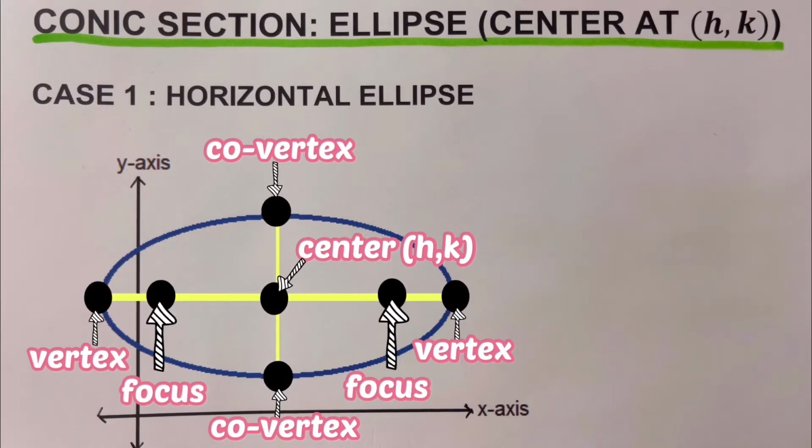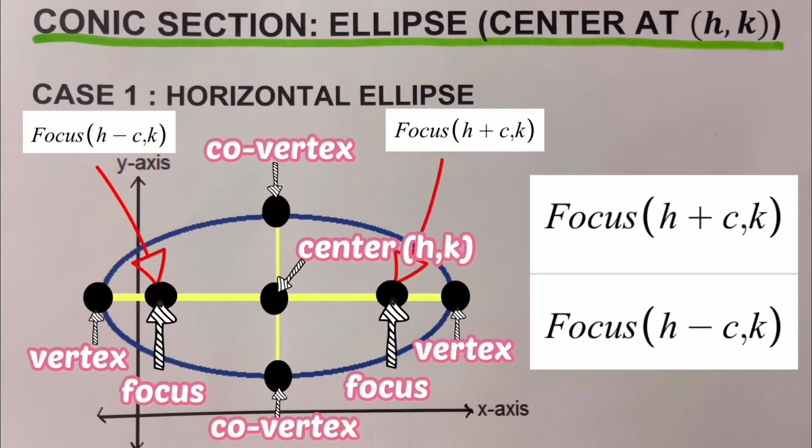Another part is the focus. We remember that the coordinates of the foci for the horizontal ellipse are (h plus or minus c, k).